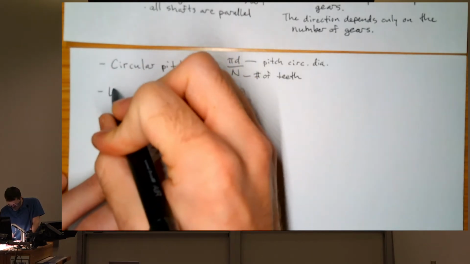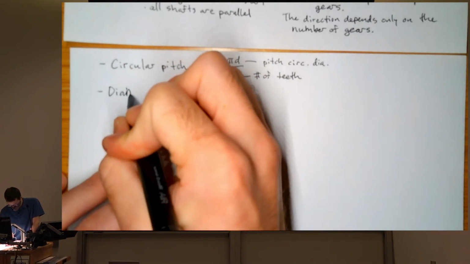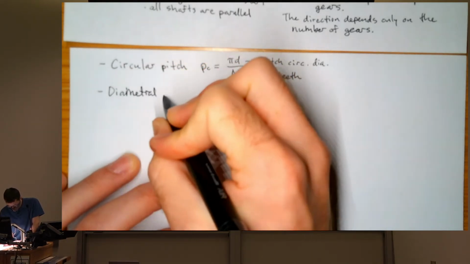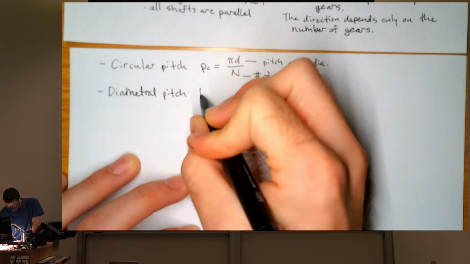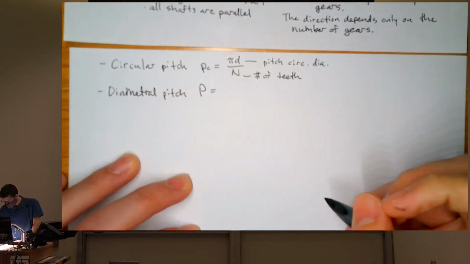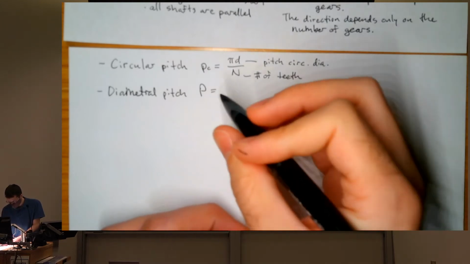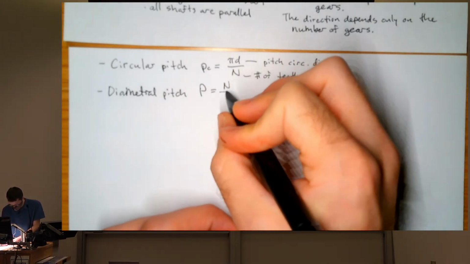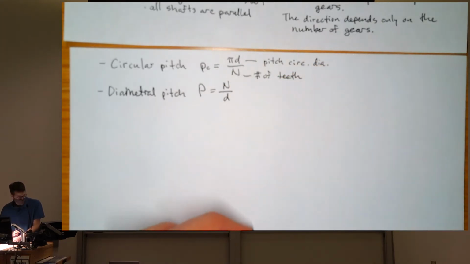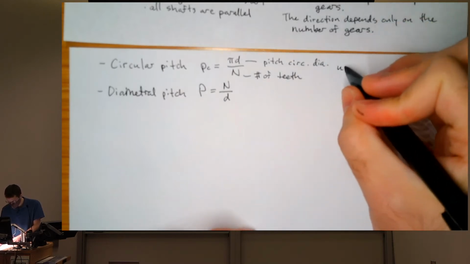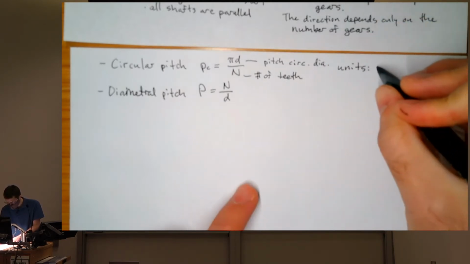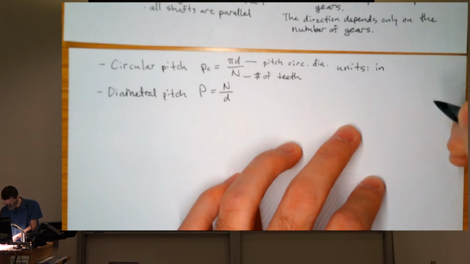We can have a diametral pitch, P, which is defined as n over d, same n, same d as before. Oh yeah, and this one has units of inch.